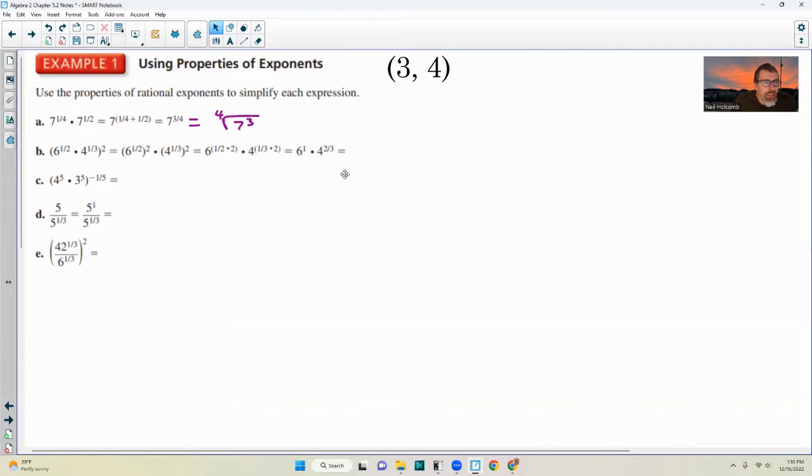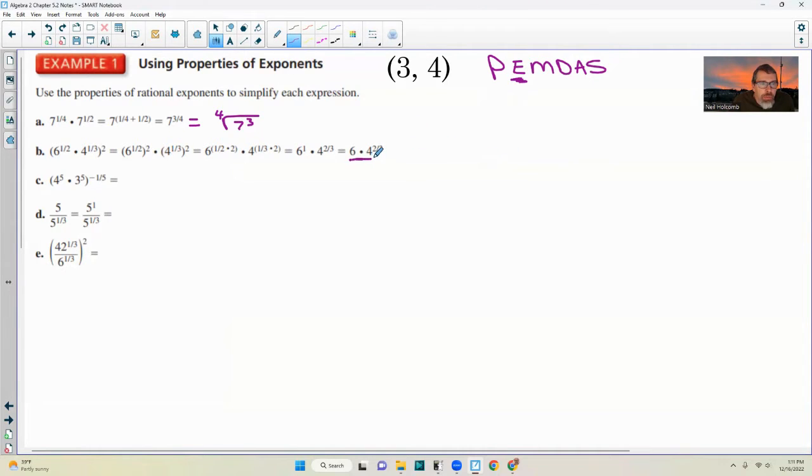And that is going to equal 6 times 4 to the 2/3, because we just don't show that 1. And we're just going to leave it at that. I can't say that that is 24 to the 2/3. Be very careful. So let me revisit this. Order of operations is called PEMDAS: parentheses, exponent, multiply, divide, add, and subtract. If I'm going to simplify this radical, the first thing you have to do is exponents.